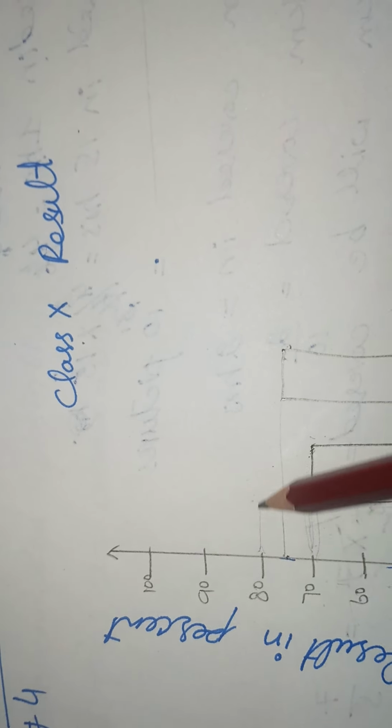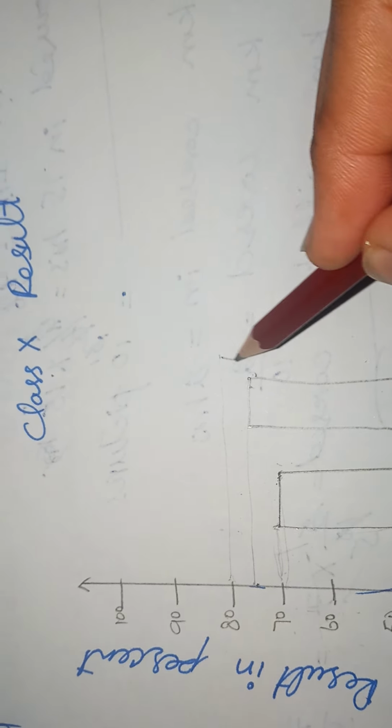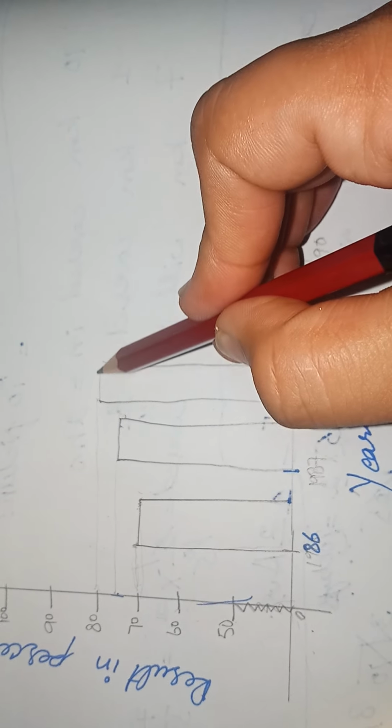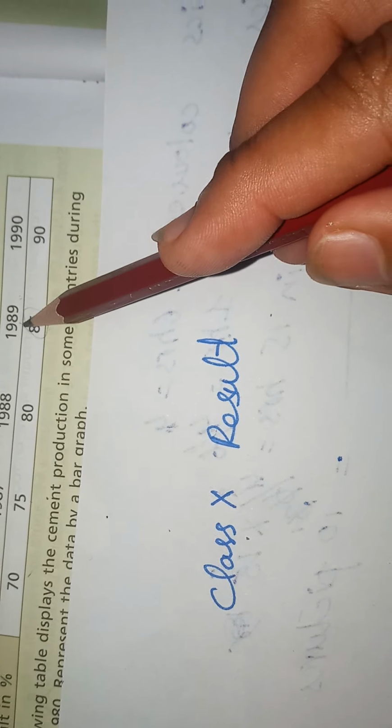So you can see the number 80 is over here. So we can draw it like this for the year 80%. And in the year 1989, the percentage went to 85.